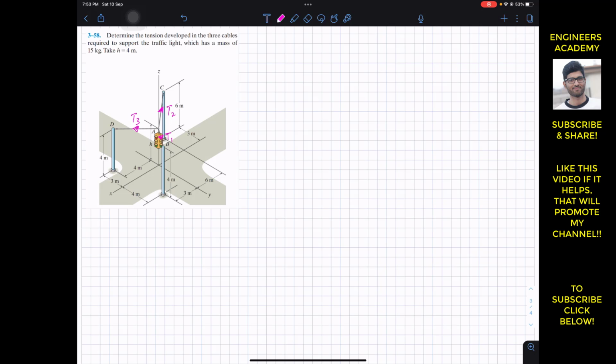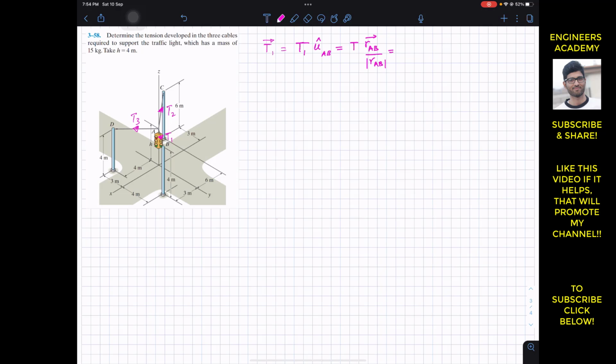So first of all, I will represent T1, T2 and T3 as Cartesian vectors. As we know, the T1 vector will be equal to the T1 magnitude times the unit vector from A to B, since T1 is acting from A to B. The unit vector from A to B is the position vector from A to B divided by its magnitude.